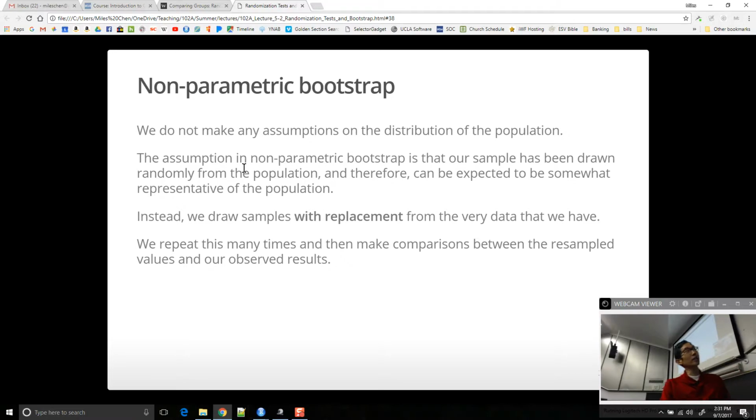The key is that our sample has been drawn randomly from the population, and therefore can be expected to be somewhat representative of it. That's the big assumption. We draw samples with replacement from the data that we have, repeat this, and make comparisons using the resampled data.